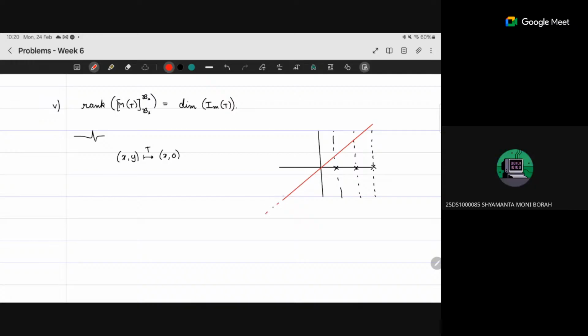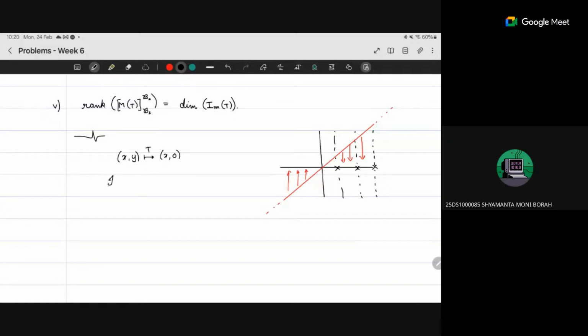It will become (x, 0), the x-axis only, because all of these will project over here. But can you think of a straight line which does not project onto the x-axis? The y-axis. Exactly. Any line other than the y-axis will project onto the x-axis itself.